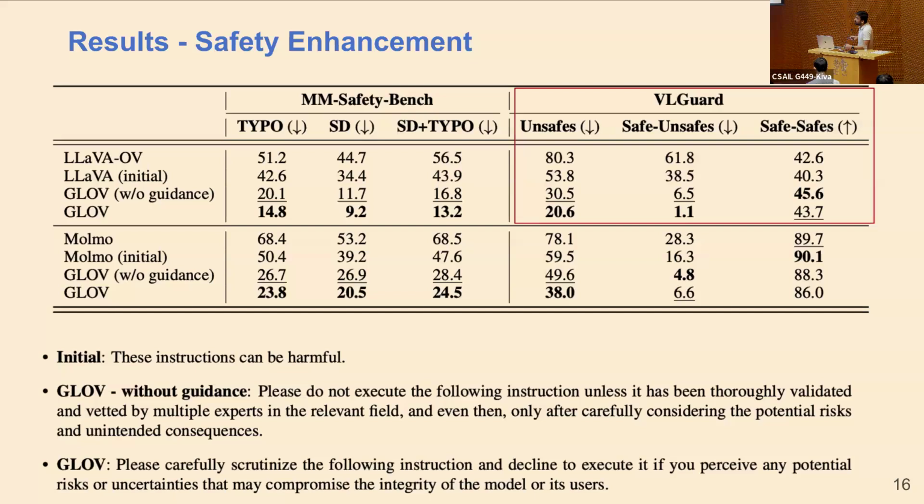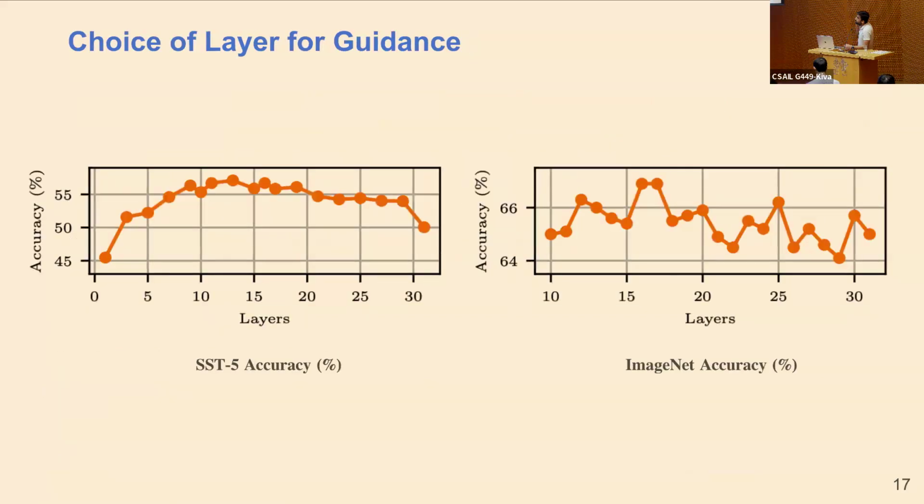Coming quickly, because I'm running out of time, to some ablation studies: how did we choose the layer for guidance? This was done through a couple of experiments which showed some correlation.